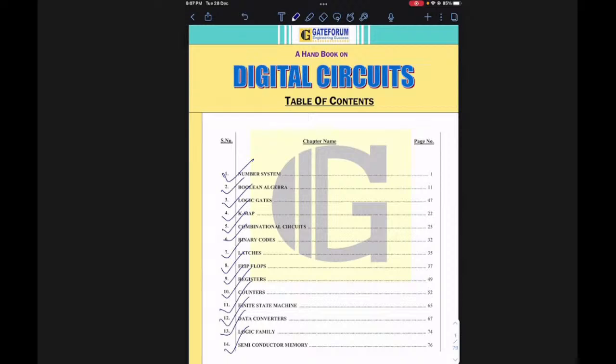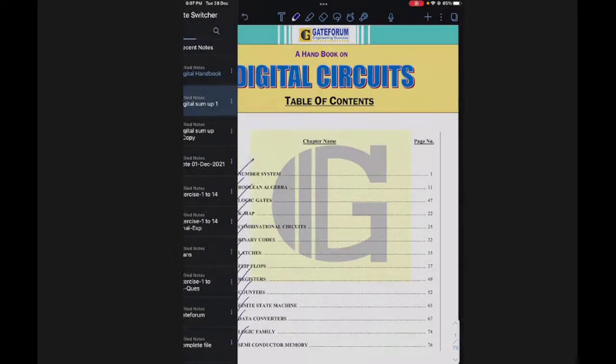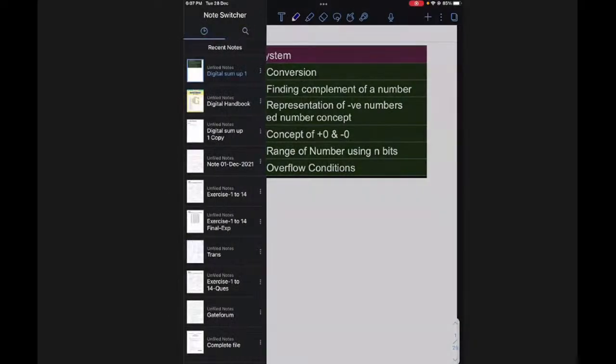So I have two files. One file is for this handbook, and the other one is basically the question selections which I have done. So one by one we'll be doing.